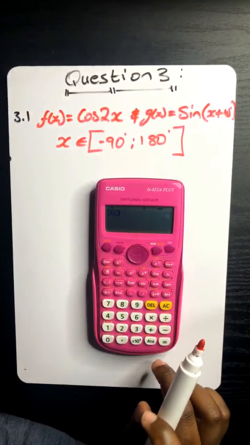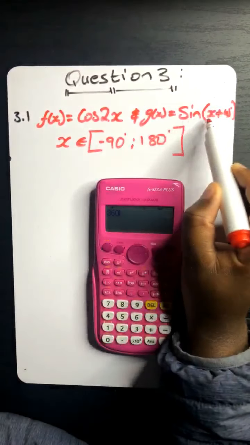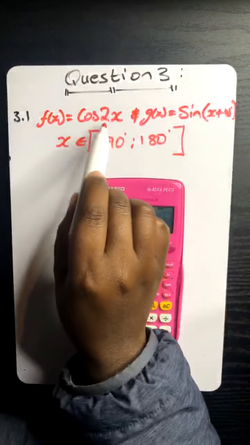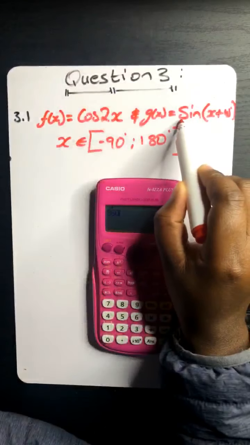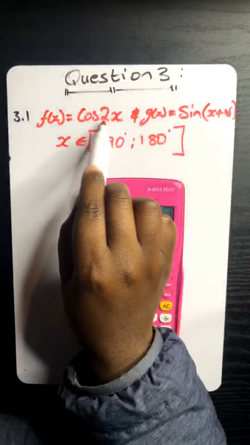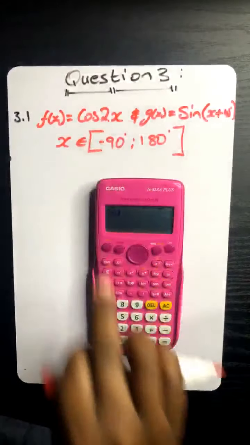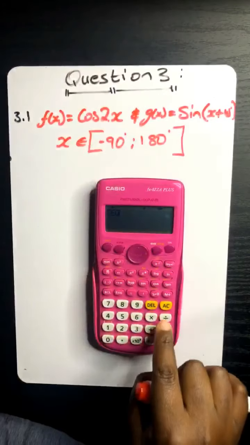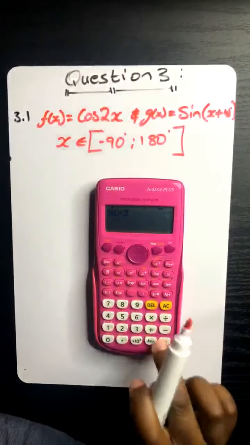For sine of x, the period is 360 degrees. But for this one, can you see it has a number in between the trig ratio and the angle? If you want to find the period for that one, you divide by that number.